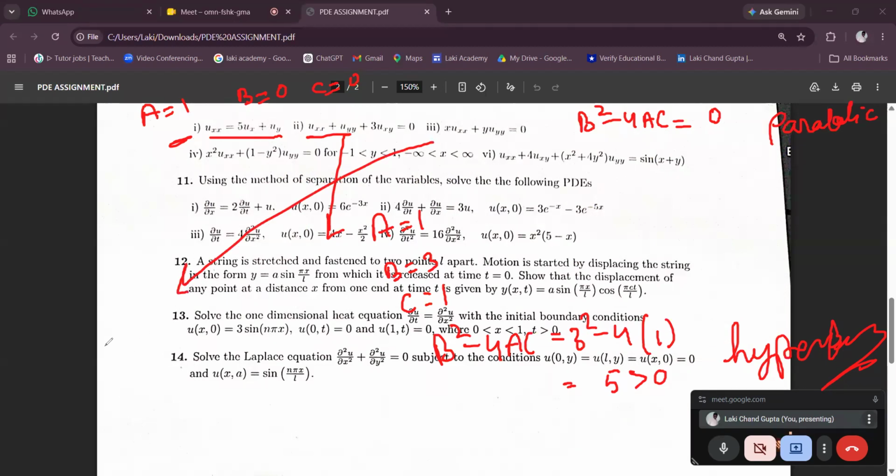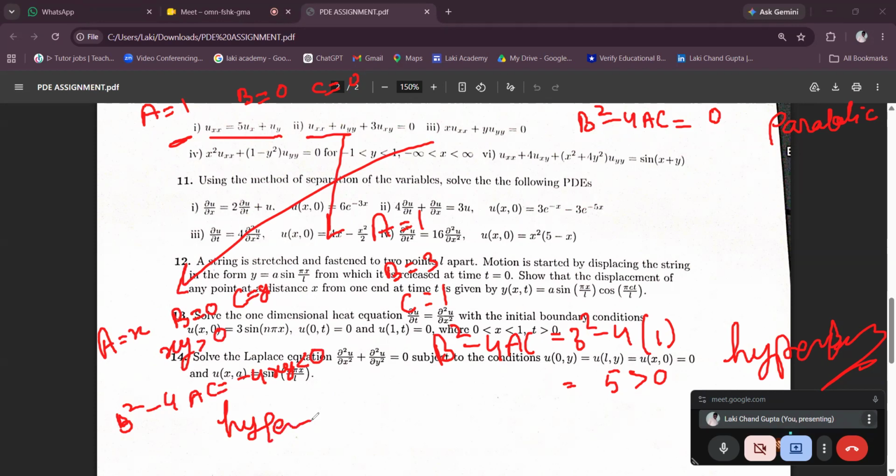Third equation is a is equal to x, b is equal to 0, c is equal to y. And you know the product of xy is greater than 0. So when you find b square minus 4ac, you will get minus 4xy. Minus 4xy means negative. Negative is what? Hyperbolic. If xy is equal to 0, then parabolic. Understood? Yes.